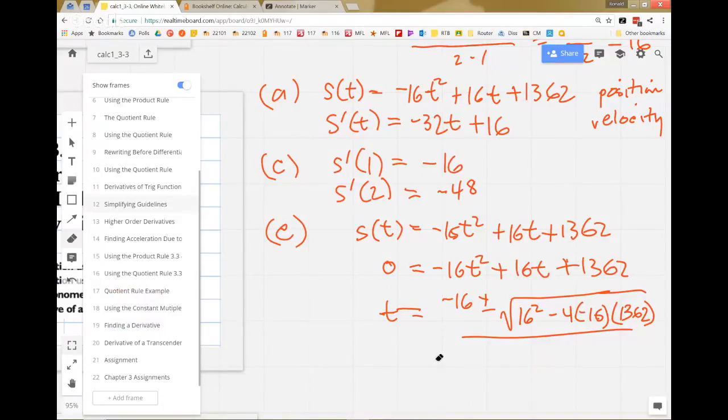I guess this is quite the problem, huh? Takes a while. Negative 32.